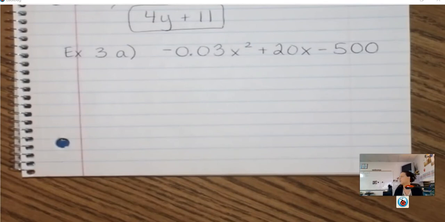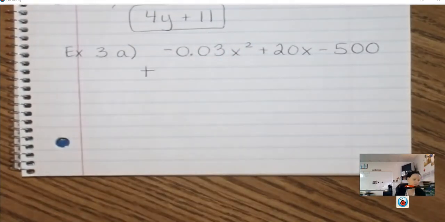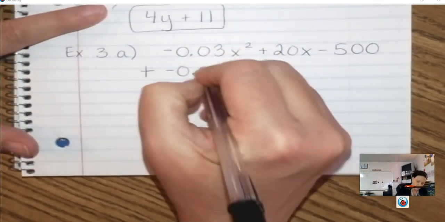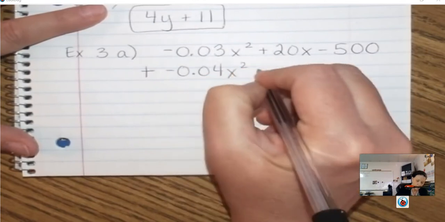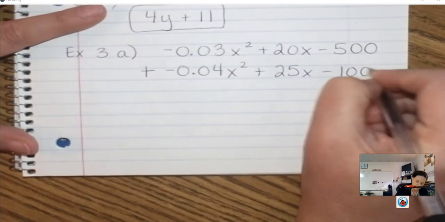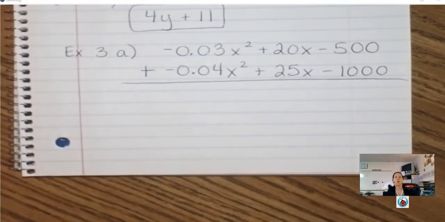So that's the profit from the first company. Plus the profit from the second company is negative 0.04x squared plus 25x minus 1,000. And then it asks for what's the total profit. So go ahead and add up your like terms.